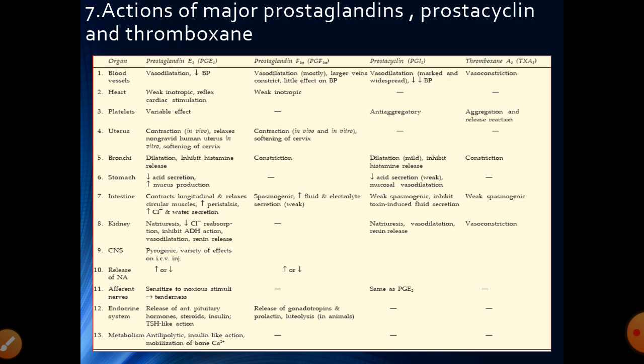So the answer is thromboxane. Next they could ask release of gonadotropins and prolactin and luteolysis is by which action. So it is prostaglandin F2 alpha. Therefore we have to use all these prostaglandins, prostacyclins and thromboxane in various diseases in order to combine with the treatment in order to have a good result. So you have to interlink this table with other various classifications.